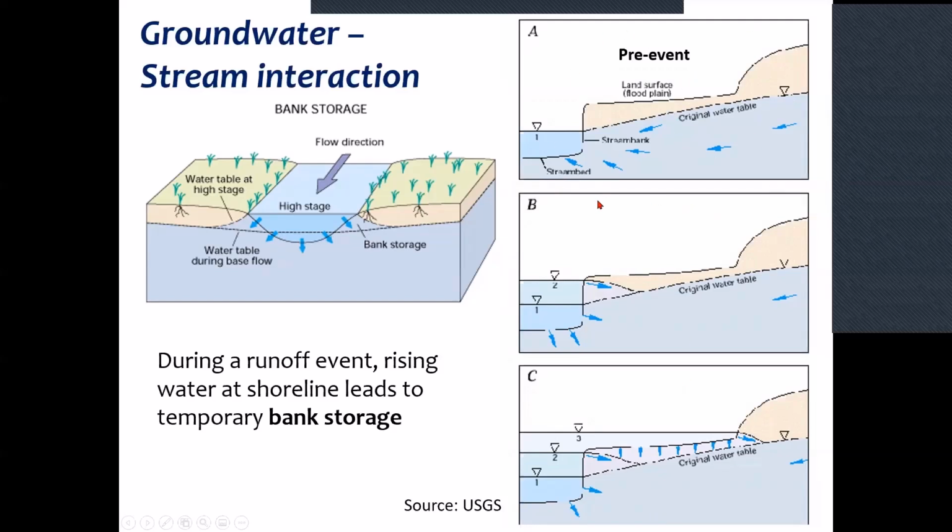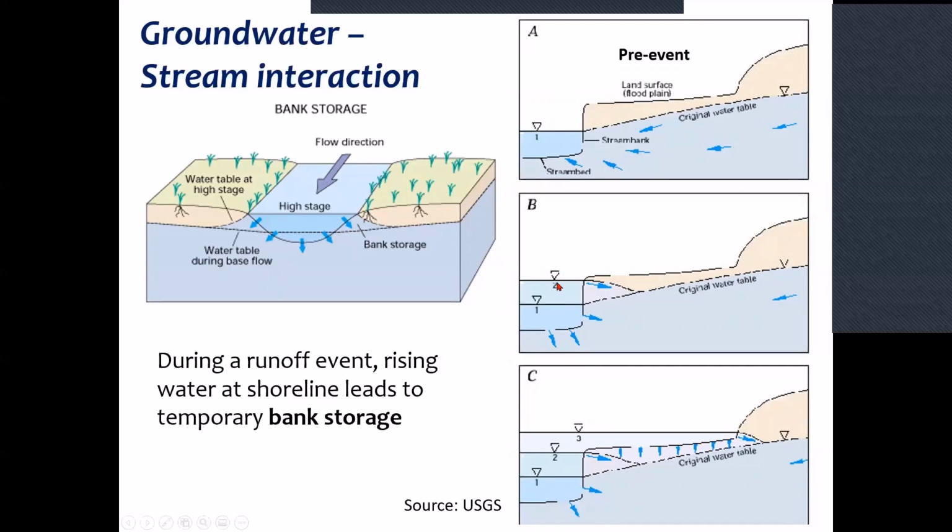So here's the pre-event situation where we see the water table in the ground is above the water level. And so therefore we've got effluent conditions. So we've got transfer of water from the ground into the river. Then we see event water come along. So maybe it's a rainfall event from upstream.